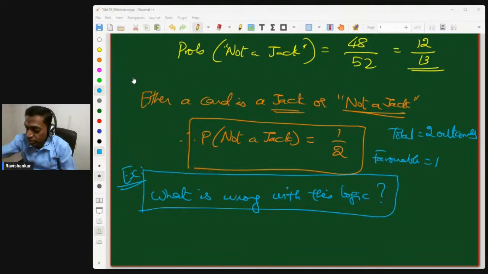For this extra question, can somebody tell me what the answer is?